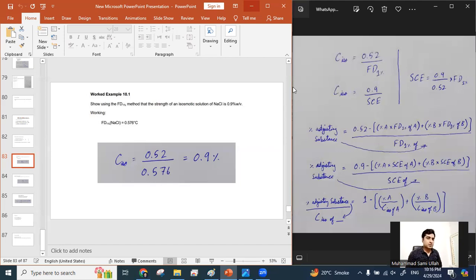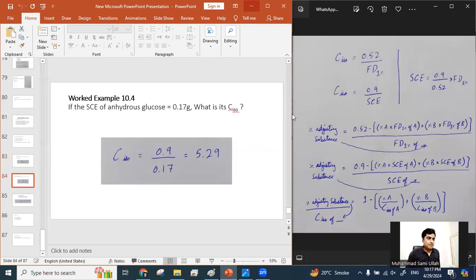So just put 0.52 divided by this FD 1% value of NaCl, and we will have the isosmotic concentration percentage, that is 0.9%. Very simple. When you learn all these formulas, you will know which formula we are going to use to extract our answer. Moving forward, now the second formula.